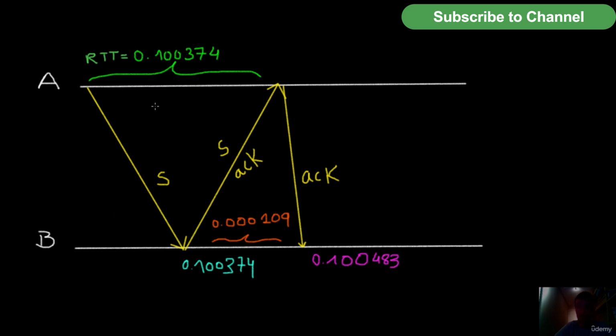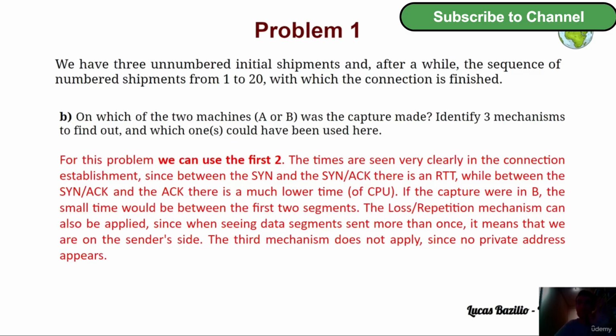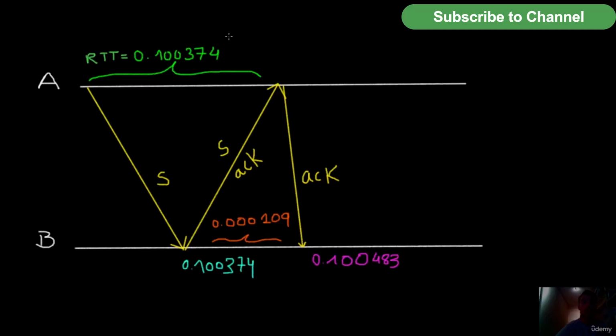The case that we have here is that the time between the first segment and the second, between this one and this one, is much bigger than between the second and the third. Therefore, we conclude that we are making the capture in the application A. Okay, so this is fundamental: once we know where we start, because remember that we always start in the client, if we have a much bigger time between the first segment and the second, it means that we are making the capture on the client side.